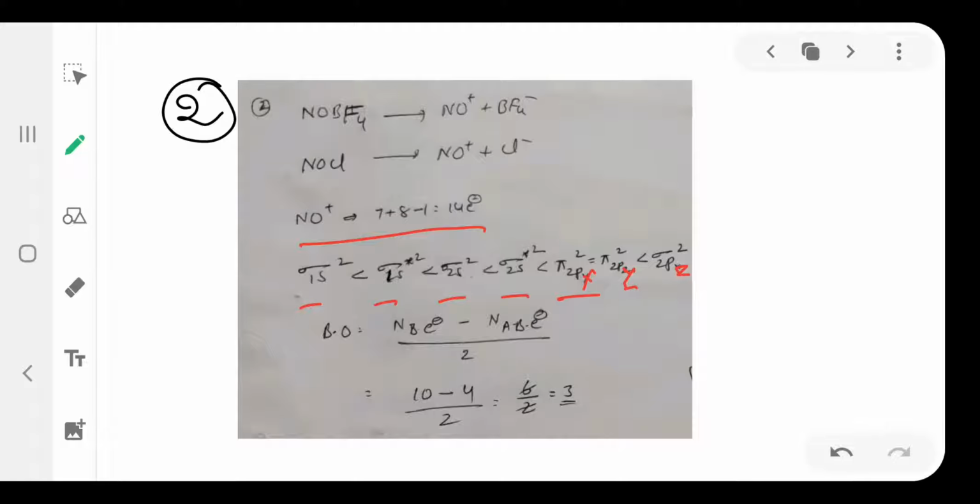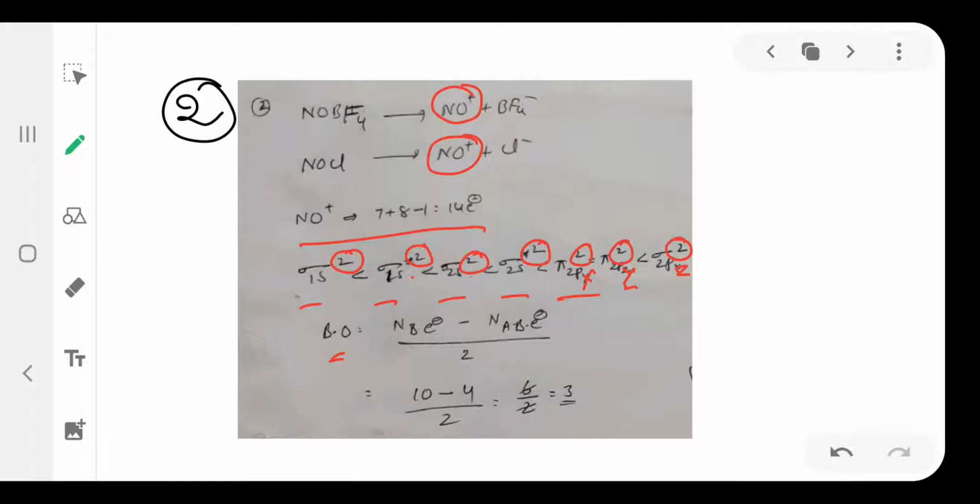Then the total is 14 electrons. For NO plus, bond order equals bonding electrons minus antibonding electrons, divided by 2.